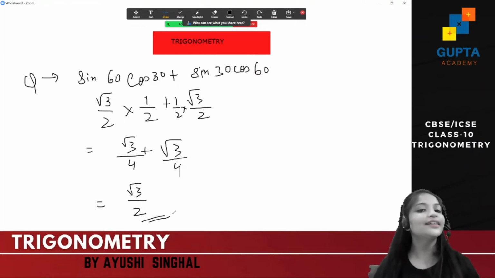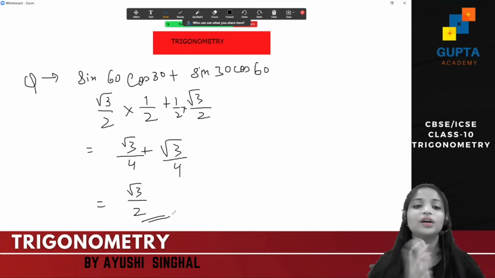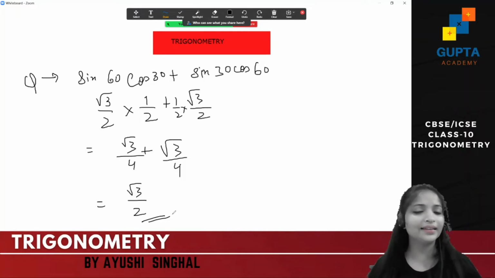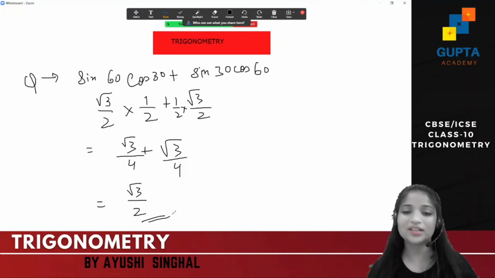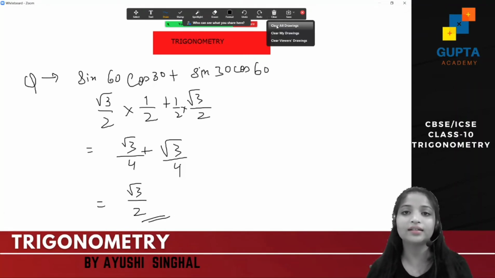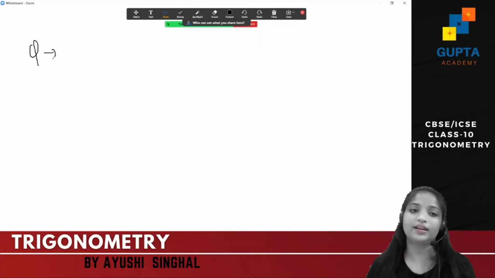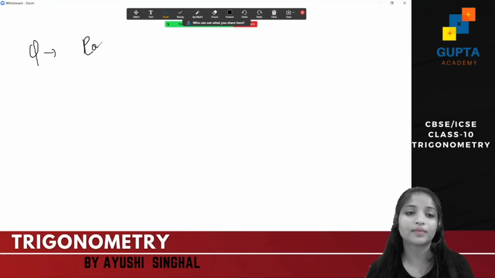That's the answer. So you may get any simple question like this. This is one type where you simply multiply them and add them. You just need to find the value, or you can solve it. Or you can also get a question like, find the value of cos square 60 plus sine square 30 degree.